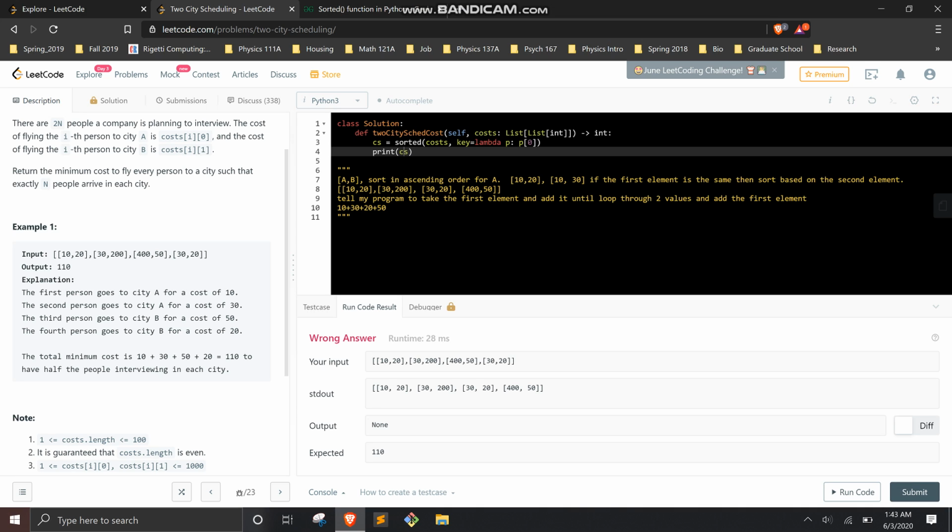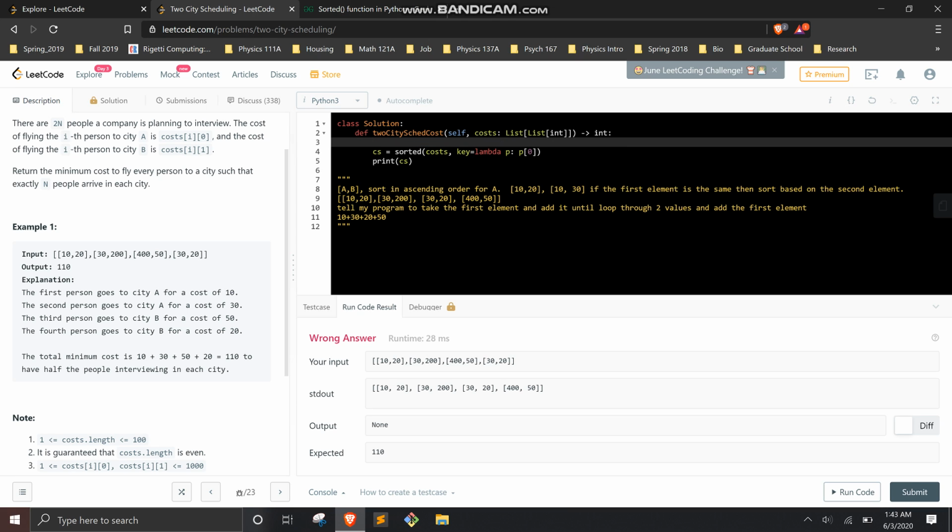Okay, so it did kind of sort it in a way that I wanted to sort it, but at the same time, it's sorting based off the 0th element. But what if the 0th elements are equal? What do you do? I think I'm going to create a function, def sort func, and I'll say my input would be pair.